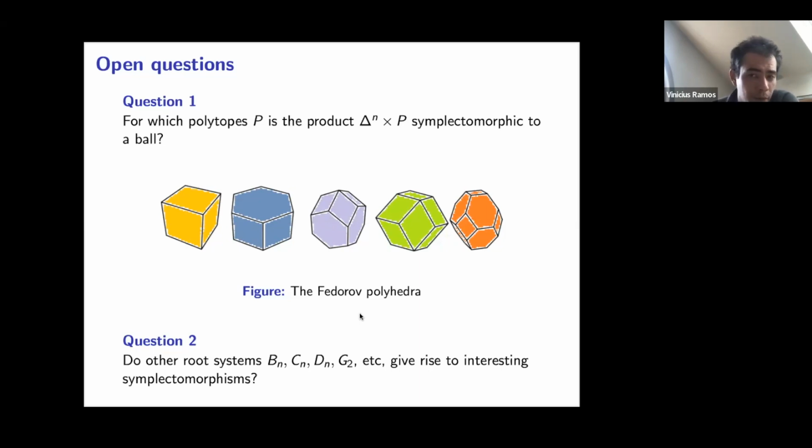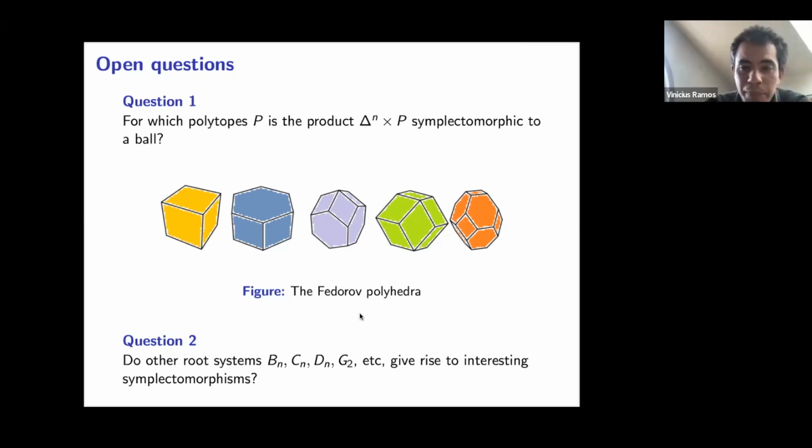And you can probably do action-angle coordinates, although I don't think it has been done very much in the literature. And I think you can deform it in the same way and you can get products, but somehow they're going to be less interesting. So I think the A_N root system will give you the most interesting or the most generic product. And I think that the other ones will be the degenerations of the one that we have.